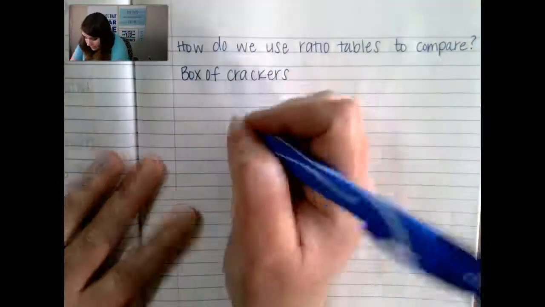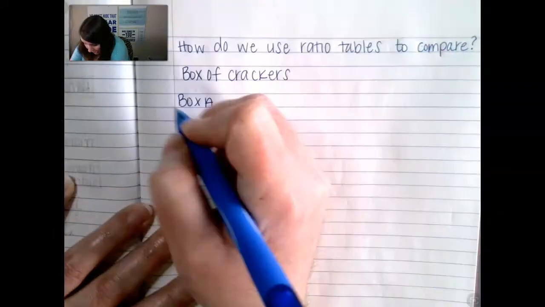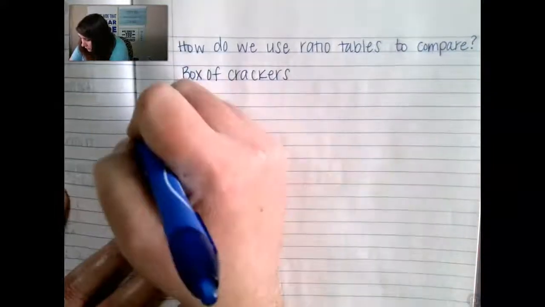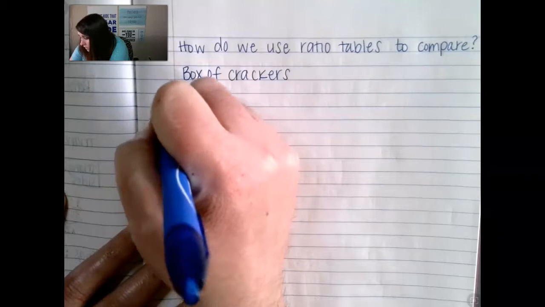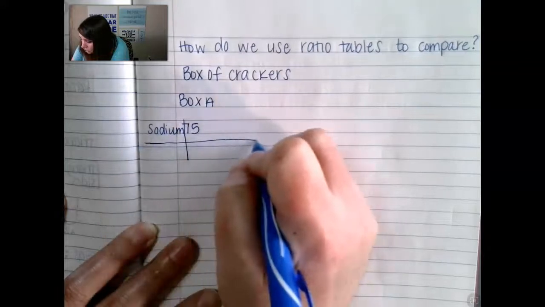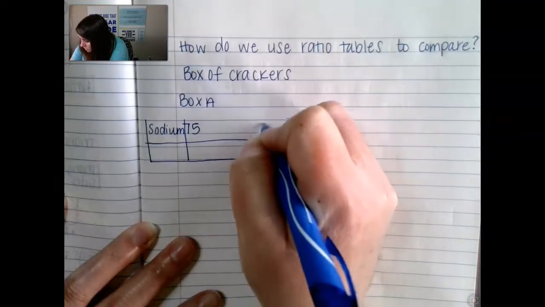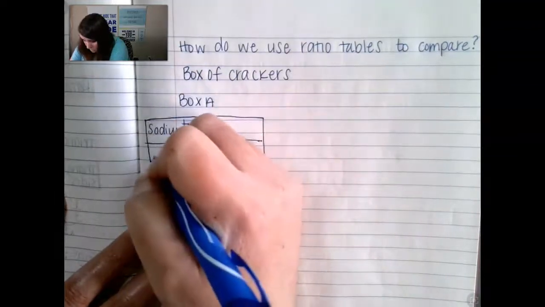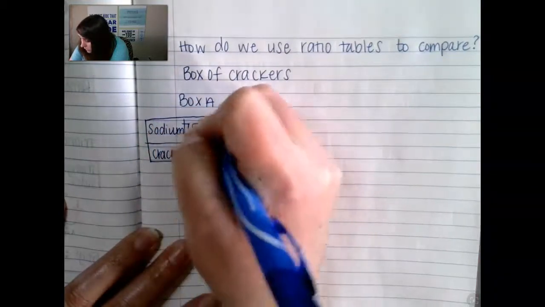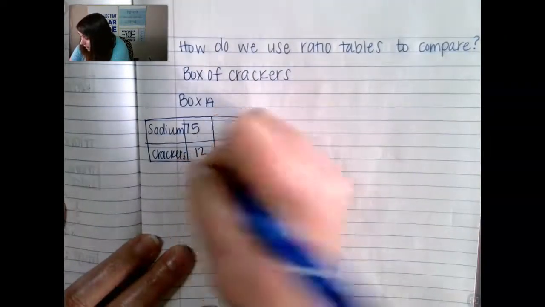So let's say that in box A, I have 75 grams of sodium. So we're going to put sodium first, and it's being compared to how many crackers we eat. So 75 grams of sodium for 12 crackers.